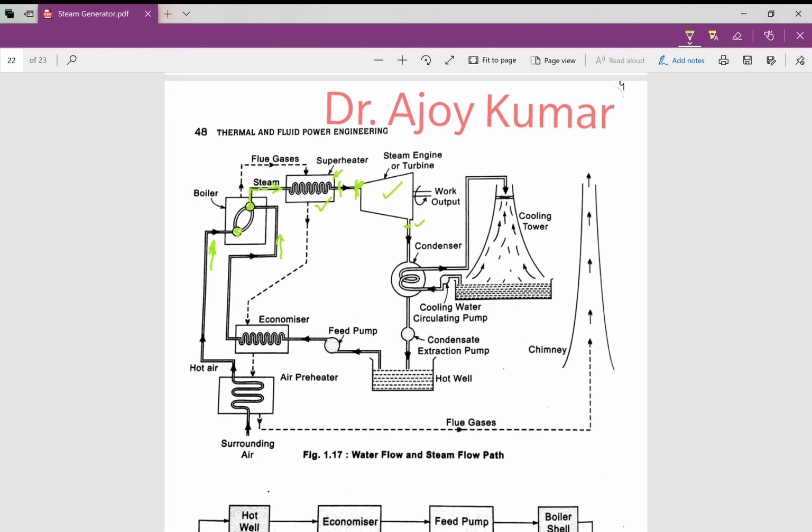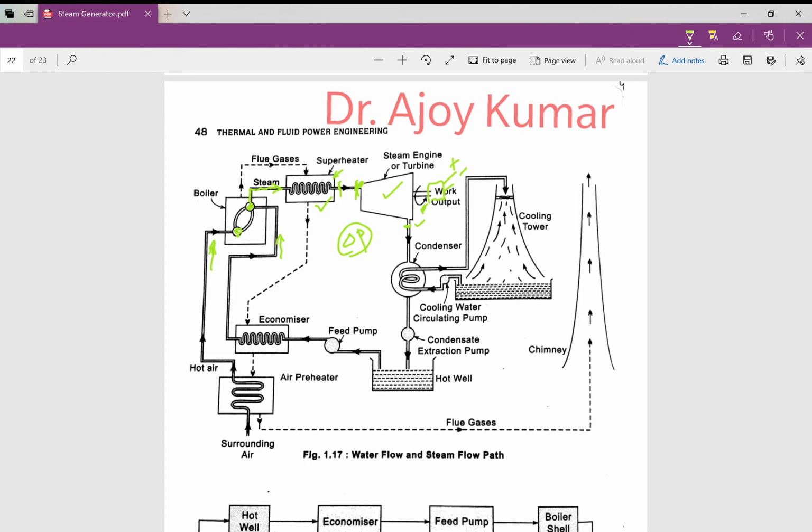So there is a pressure difference. Due to this pressure difference, we get an enthalpy drop, and due to this enthalpy drop, we get work output by rotating the shaft. This work output, when attached to an electrical generator, gives electricity.